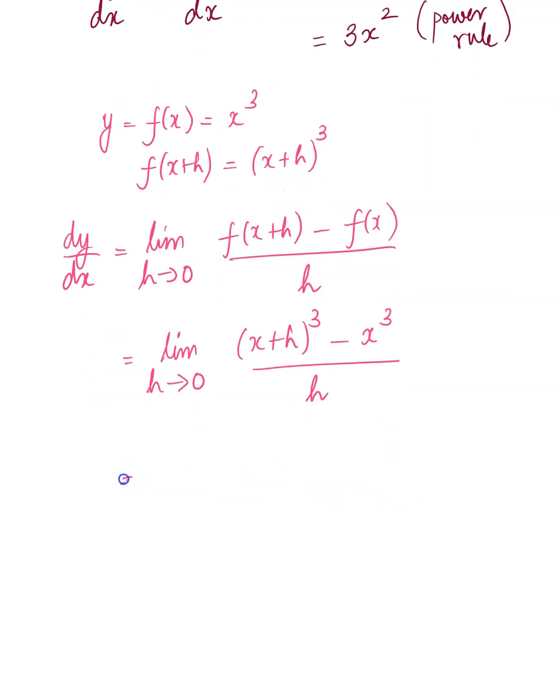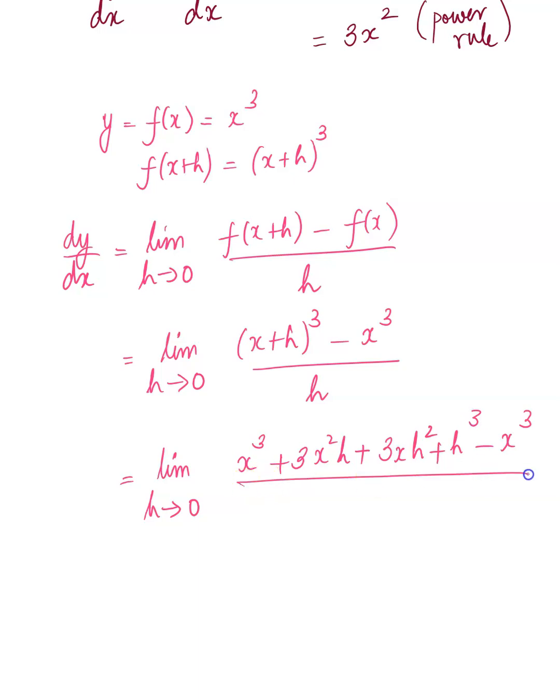And then we know x plus h the whole cubed will have to be expanded using the formula or by multiplying it 3 times over. And that comes out to be, well, it's a cubed, so x cubed plus 3x squared h plus 3x h squared plus h cubed minus x cubed, minus x cubed all over h.